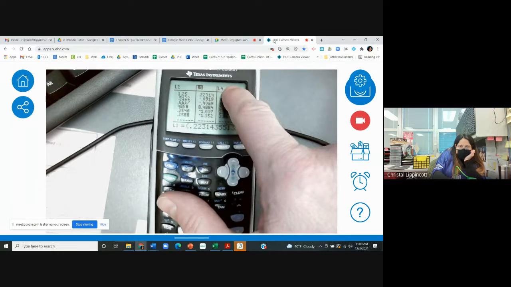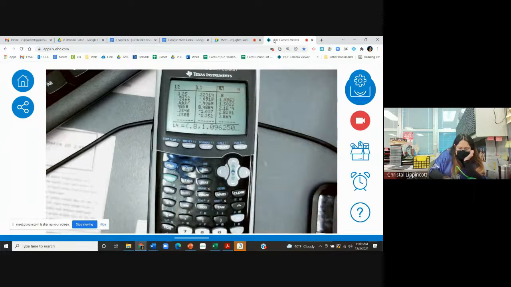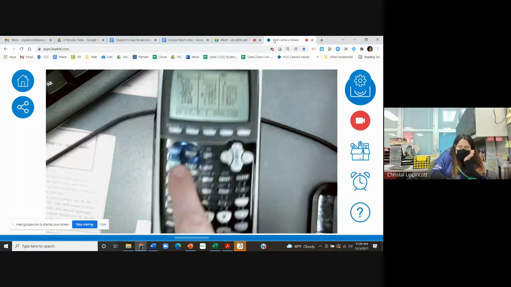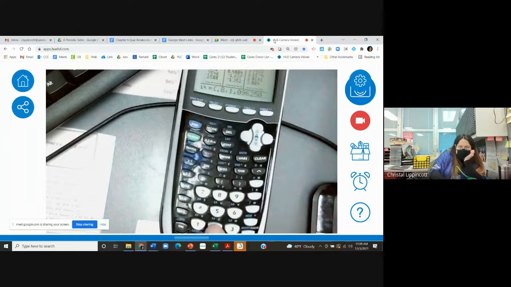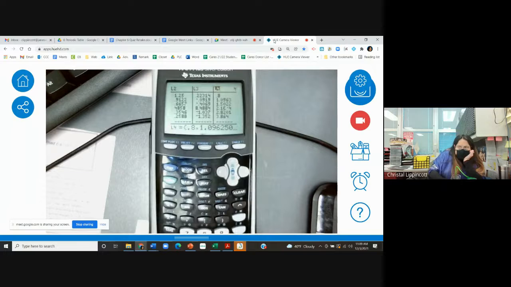Then I toggled over to here and I told it that I wanted to do 1 divided by list 2, which is right here. To get to list 2, I hit second and list 2.